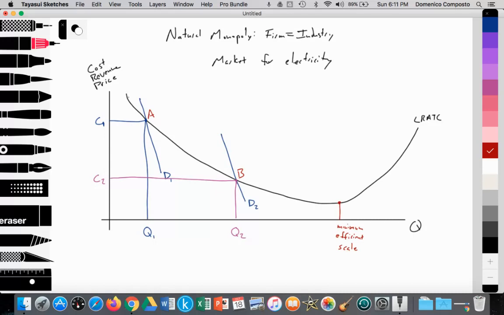We have an LRATC curve achieving economies of scale, as well as diseconomies of scale, which is labeled LRATC 1, long run average total cost curve 1. And we notice that we have an initial demand curve at D1 intersecting LRATC at point A, where the firm generating electricity has cost of production at C1 with output at Q1.